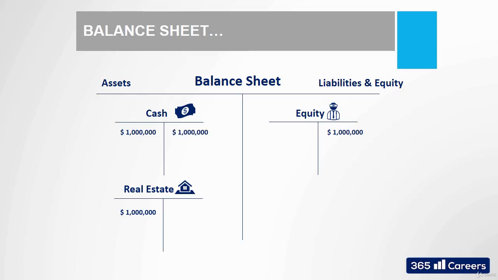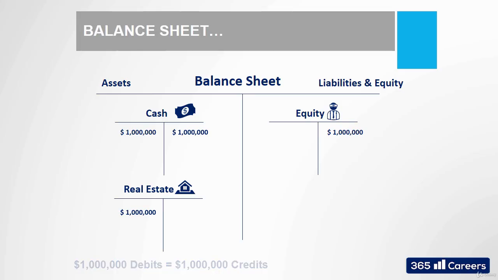This shows that we spent our cash in order to buy the real estate property. You can see how we needed two entries in order to recap the effects of the transaction. The two entries balanced each other. One of them was on the debit side and the other on the credit side. Hence, the accounting equation is still satisfied.